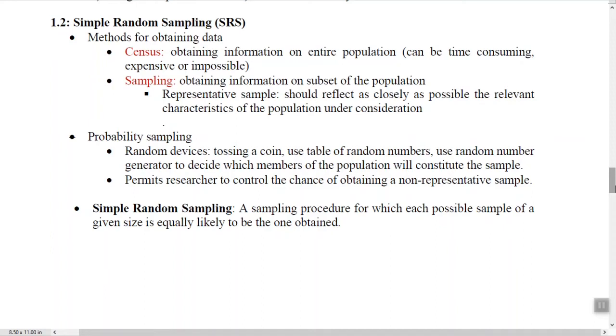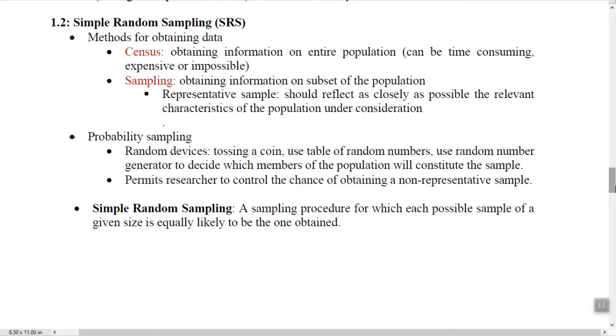This is the very easiest and simplest sampling technique that we use in statistics. We call this simple random sampling, or random sampling. We use both. In shorthand, we use SRS. We use this method to take samples from the population.